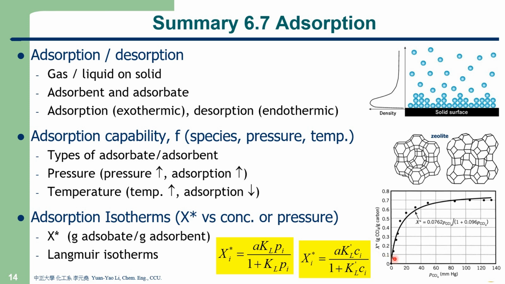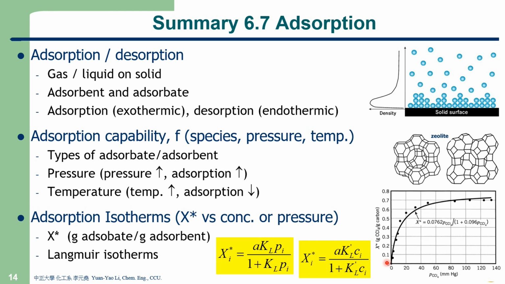If we want to simulate these black dots, this curve is what we call the Langmuir isotherm, because it is an empirical equation. You do an experiment and find the curve that represents this data. So this is the Langmuir isotherm.